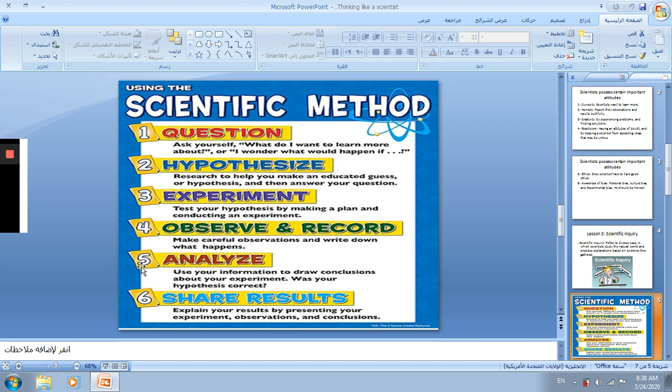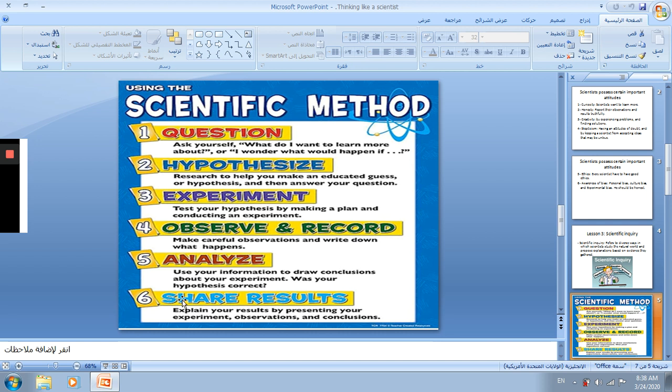If not correct, you have to go back to step 2, I'm sorry, and do another hypothesis, then do an experiment, observe and record, then analyze again until you reach the right answer or right hypothesis.